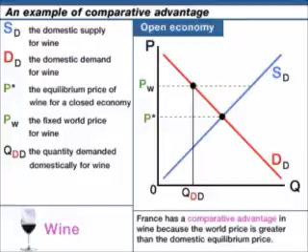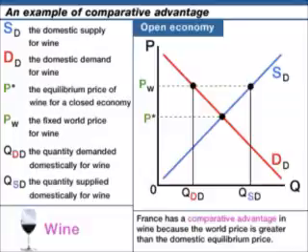At the price of $8 per bottle, the domestic producers of wine want to produce this larger quantity, and we can mark it down here on the axis as QSD, the domestic quantity supplied. Now notice, the quantity supplied domestically is greater than the quantity demanded domestically at this higher price.